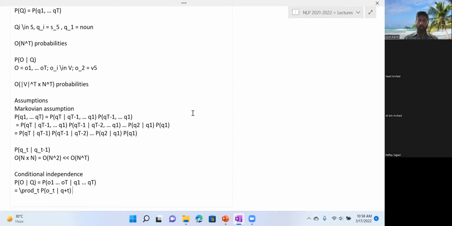So instead of the joint, we now have this conditional for a single observed event and single label for the same position t. So we do not look at other positions, and we also assume that the observed events are also independent of each other. So that's why they have been broken down into products. In other words, in layman terms, we say that the current word that you see is only dependent on the current label. So Qt, Ot. The current event depends on the current label or state.